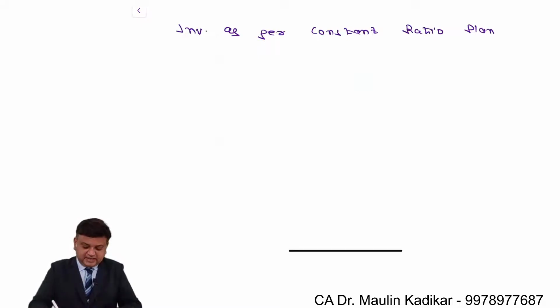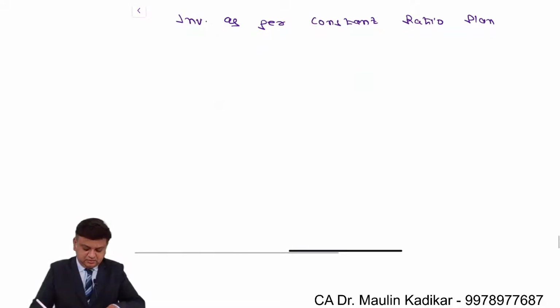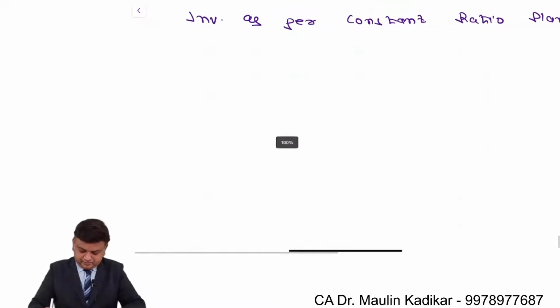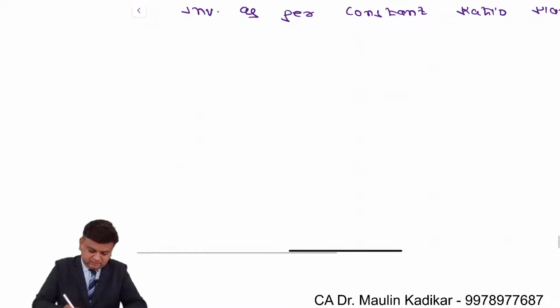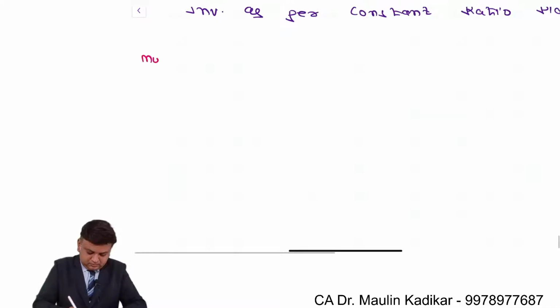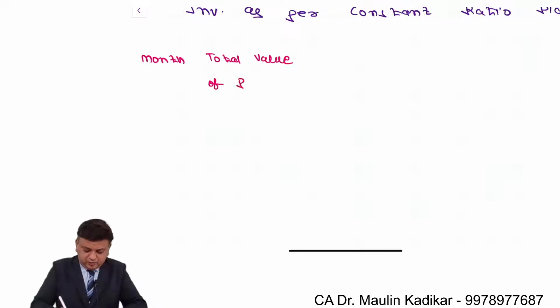So let us see how we are required to do the answer. Column number 1 is going to be month. Column number 2 is total value of portfolio. Next is the debt. Next is equity.